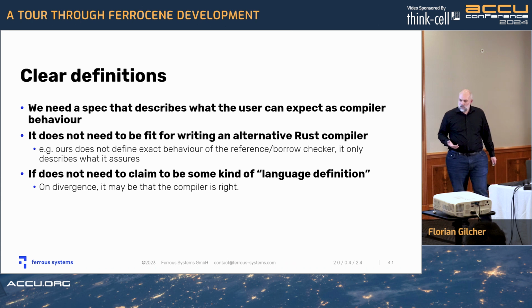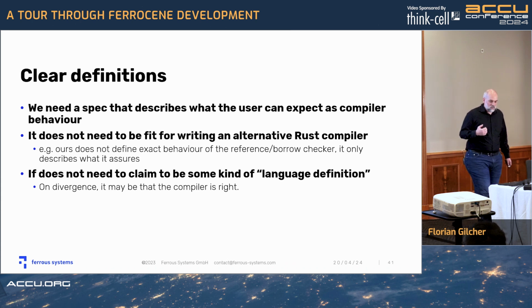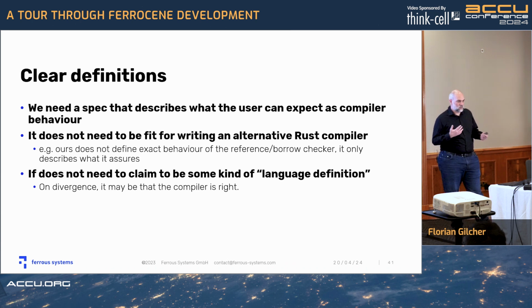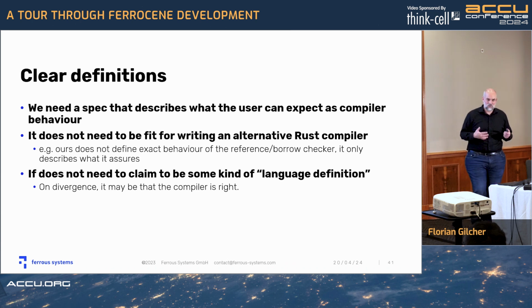And also, it does not need to claim to be some kind of language definition. That has actually been a huge problem in policy and description when we actually open sourced. And just to make clear, this is not our version of we think Rust should behave like this.